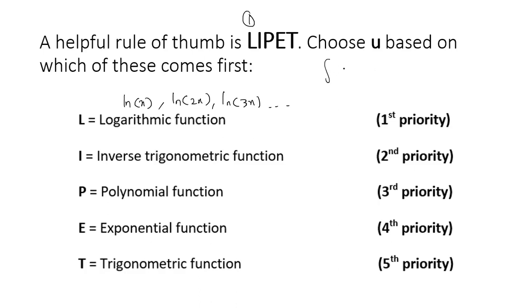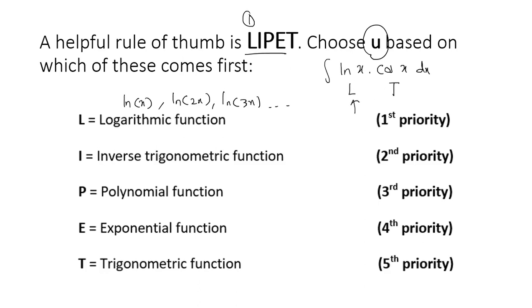For example, let's say you integrate ln x times cos x dx. You choose u based on LIPET. ln is a logarithmic function, cos is a trigonometric function. Which one comes first? Definitely L comes first.